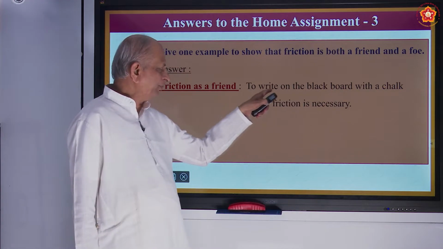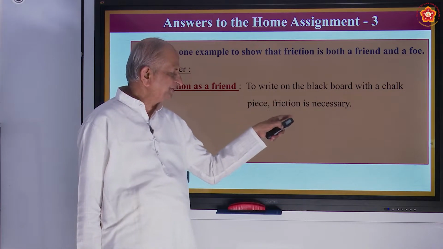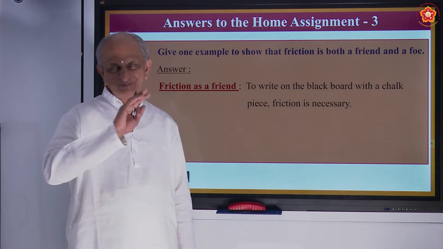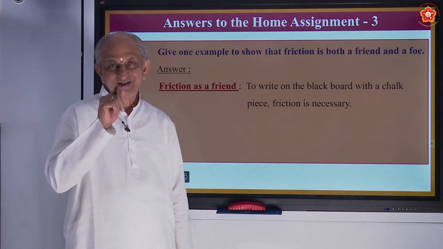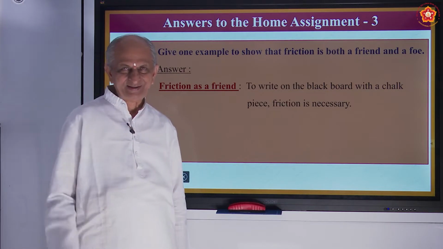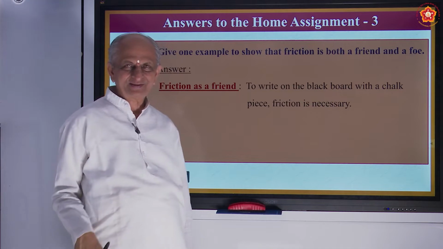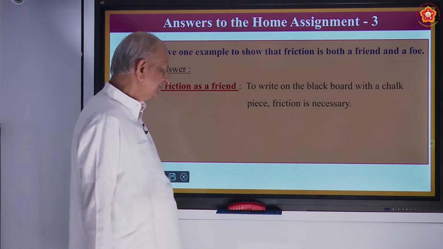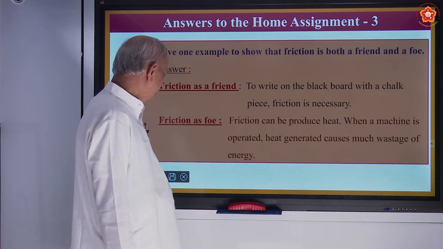To write on the blackboard with a chalk piece, friction is necessary. Suppose the blackboard is very smooth, it is difficult to write on that. You cannot have good handwriting. Suppose you are drawing, it will be very difficult. So it will be a little rough. Then only you can write it.